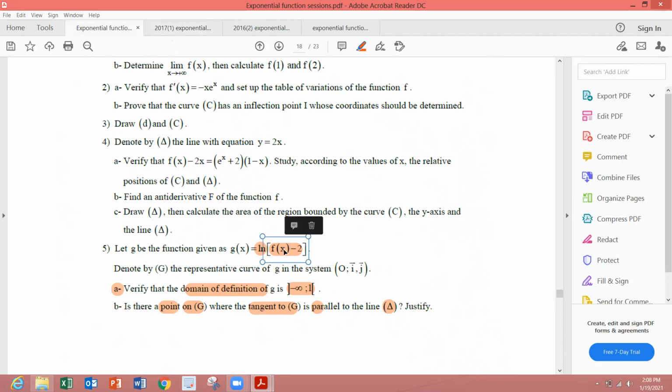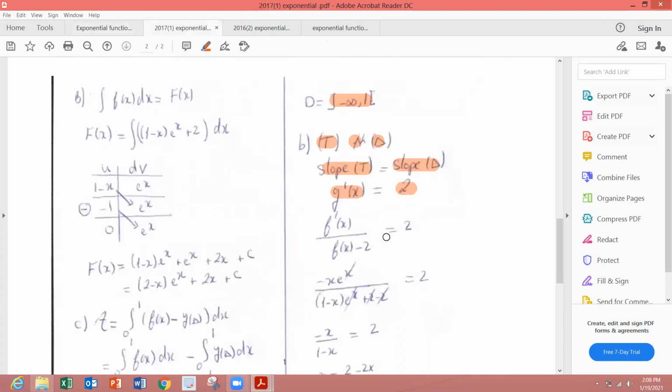So first I take the derivative of what is inside. What is the derivative of f(x) minus 2? f prime x. So f prime x over f(x) minus 2 equals 2.